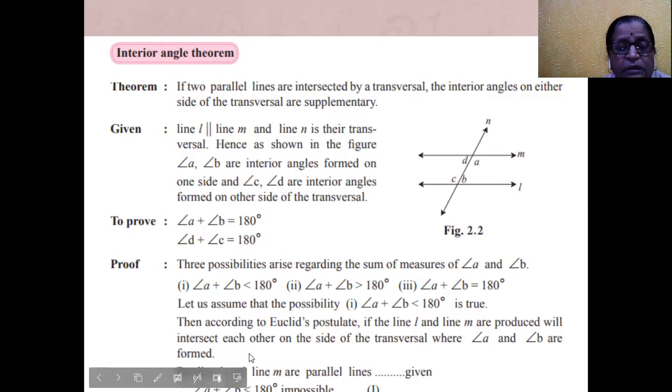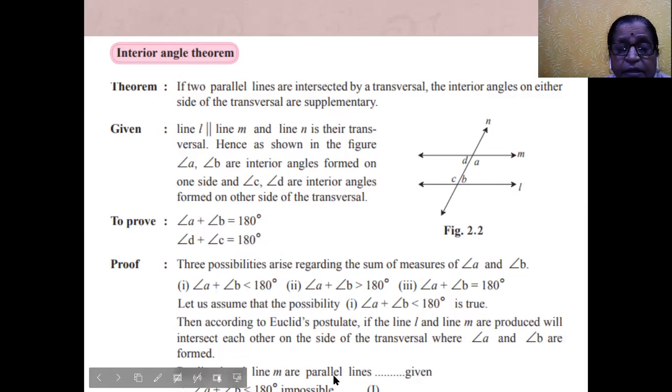But according to Euclid's postulate, if line L and line M are produced, they will intersect each other on the side of the transversal where angle A and B are formed.